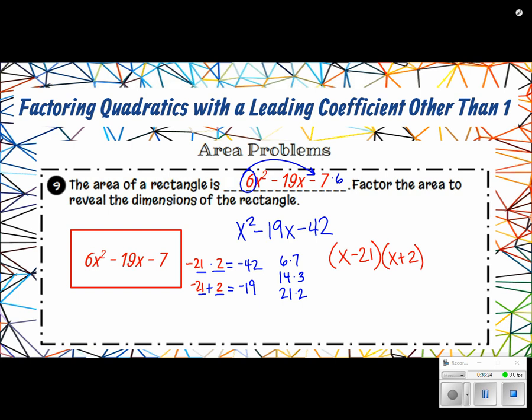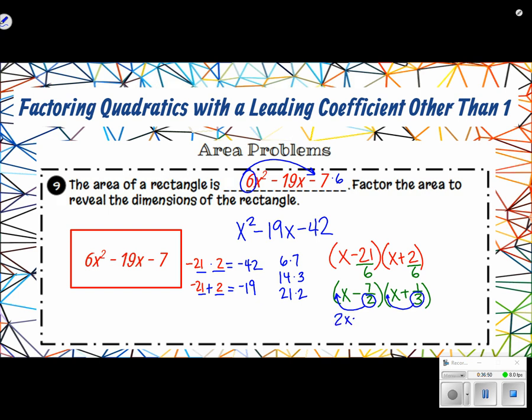All right, what did we slide? Looks like 6, so I'm going to come back and divide. All right, 21 and 6 are both divisible by 3, so that's x minus 7 over 2. And then 2 and 6 are both divisible by 2, plus x plus 1/3. And then we're going to move those denominators, bump them up, make them coefficients.